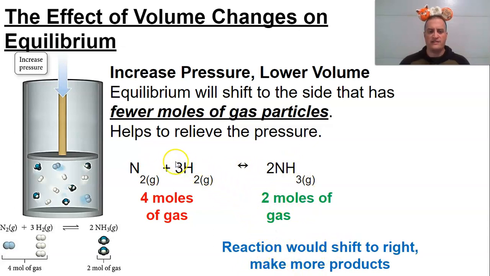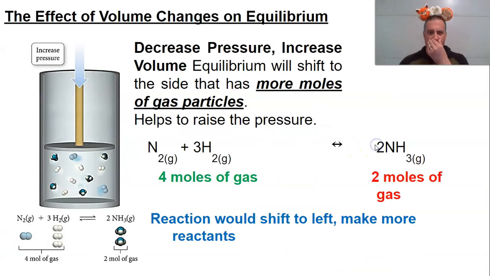What this really does is that it increases the forward reaction and increases the reverse reaction. But due to the fact that 4 is becoming 2, the increase of the forward reaction is going to be higher than the increase of the reverse reaction, so the overall net gain would be a shift to the right to make more products.